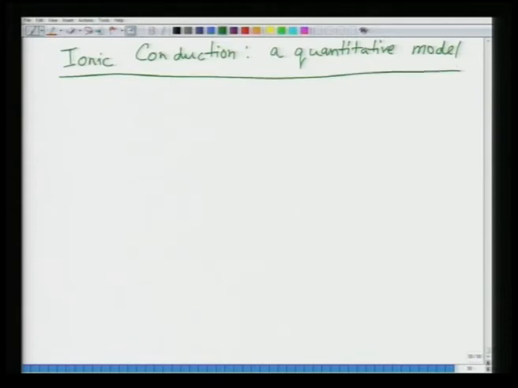Now, as we have discussed, ionic conductivity is a hopping kind of model, where the carrier moves from one site to another. This could be movement of a carrier from one site of a different charge to another site, or it could be counter migration of a defect and the occupied site.